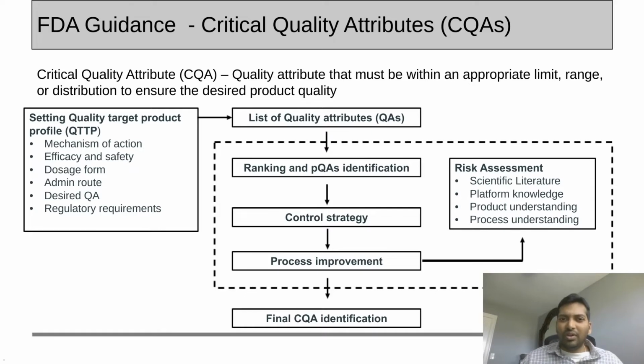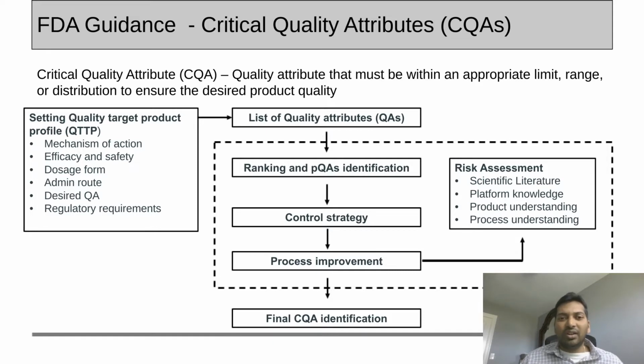That means taking the drug product and understanding its mechanism of action, the efficacy and safety limits, the dosage form, whether it's given in liquid or another form, and the route of administration, whether it's given intravenously or intramuscularly.